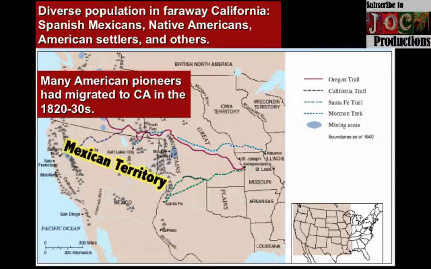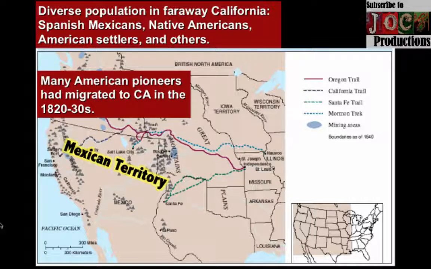And the population of California is a mixture of Mexicans that call themselves Californios. There's a sizable Native American population, and of course, those American settlers who came over in the 1820s and 1830s. And it's kind of similar to Texas because you got so many Americans coming into Mexican territory that you have a problem for Mexico because these Americans are very vocal and they're starting to want greater and greater autonomy.